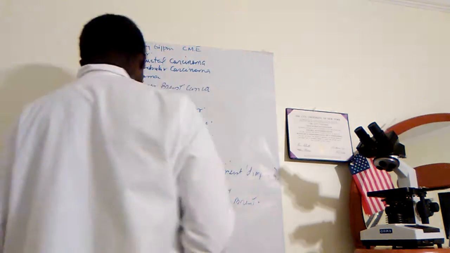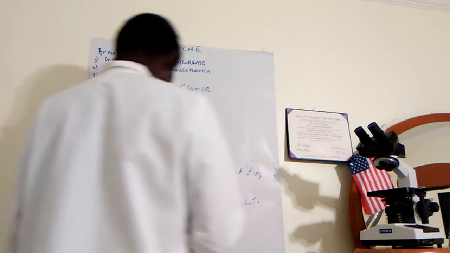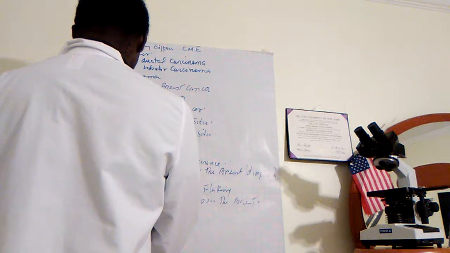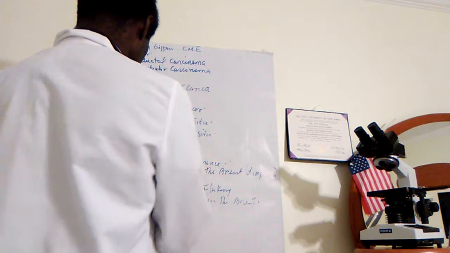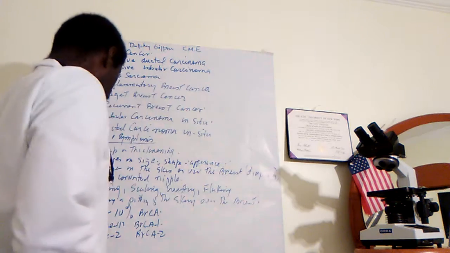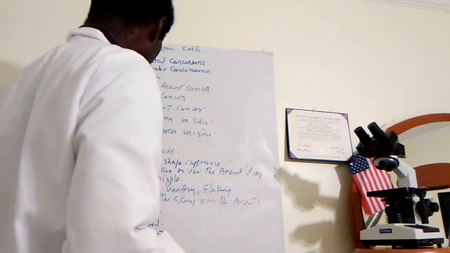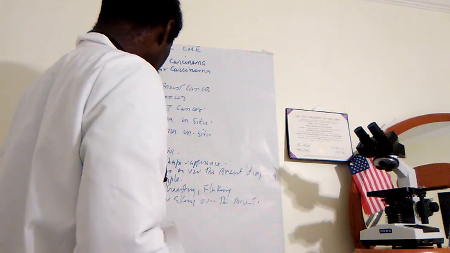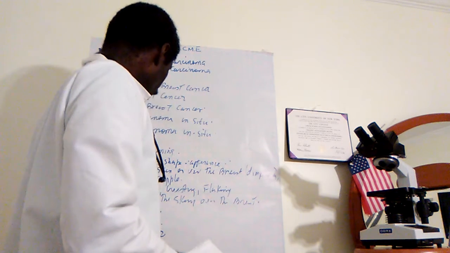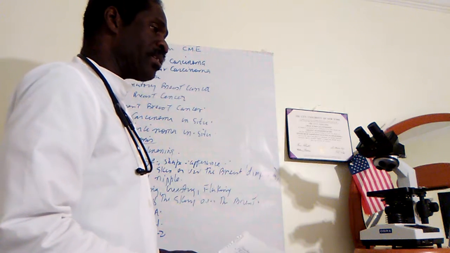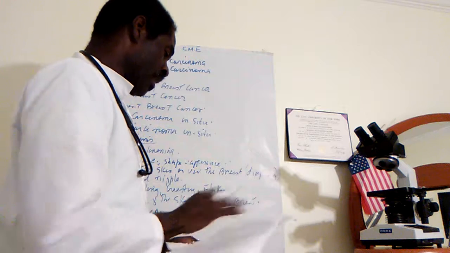So this is genetically inherited from families coming down the line, and 5% to 10% of breast cancers fall in this bracket. If you're found to have BRCA1 or BRCA2, then you could have breast cancer as well as ovarian cancer.